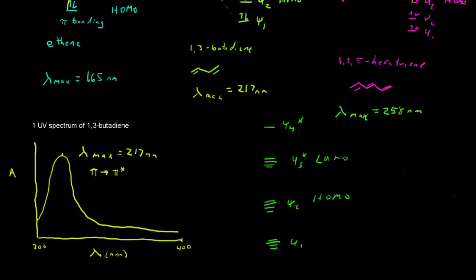And of course, depending on the temperature, the electrons can occupy any number of these energy levels. And so if you have a transition between a very low energy vibrational state in the HOMO, let's use a different color for that, to a very high energy vibrational state in the LUMO, that transition has a bigger energy gap than the transition from a high energy vibrational state in the HOMO to a low energy vibrational state in the LUMO.